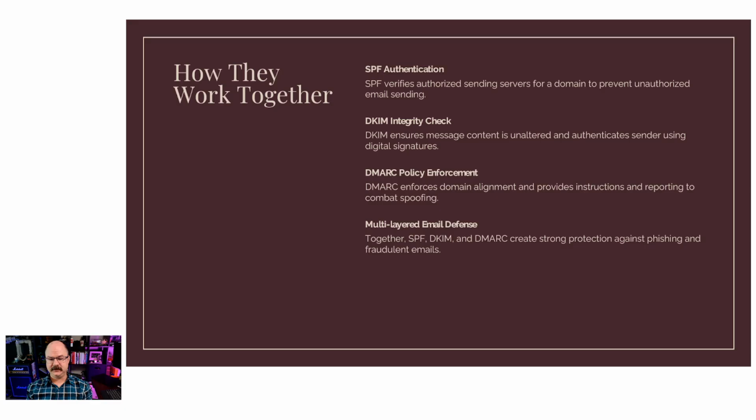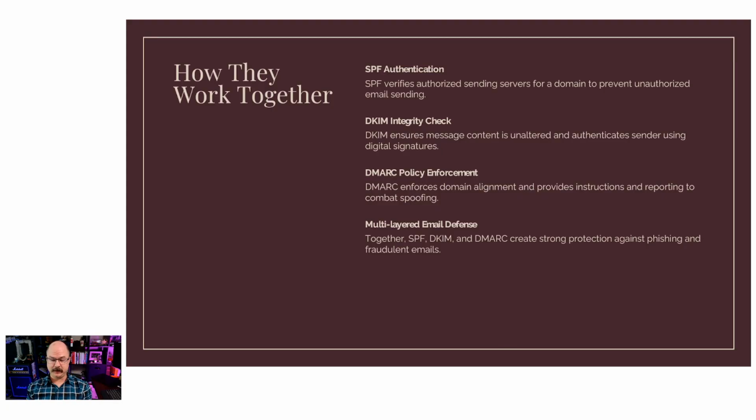So SPF, DKIM, and DMARC are complementary protocols that work together to provide a robust email authentication framework. SPF verifies that the sender server is authorized to send emails from a domain, while DKIM ensures that the message content has not been altered and confirms the sender's identity through digital signatures. And then DMARC ties these mechanisms together by enforcing alignment between the From domain and the domains used in SPF and DKIM.